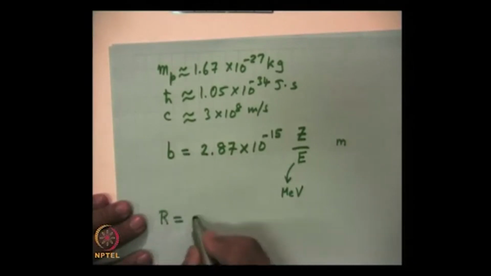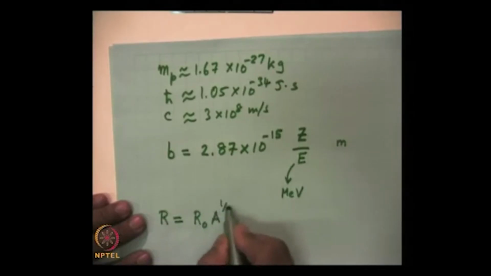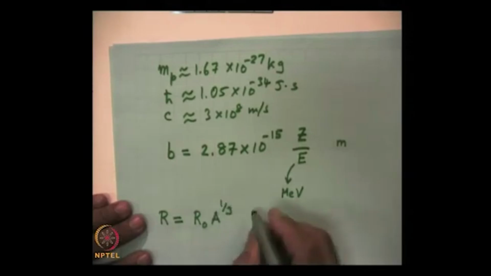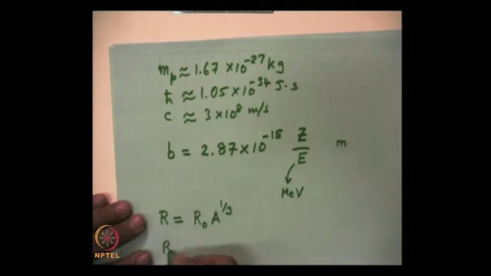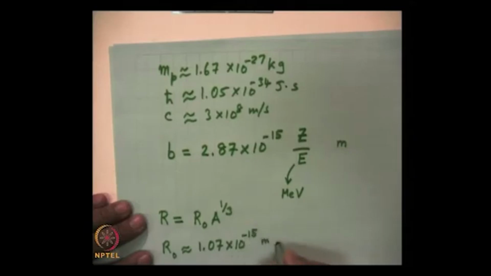And then the formula that we will be using for R is equal to, I told you, R_0 A to the power of 1 by 3, where R_0 is approximately equal to 1.07 into 10 to the power of minus 15 meters.